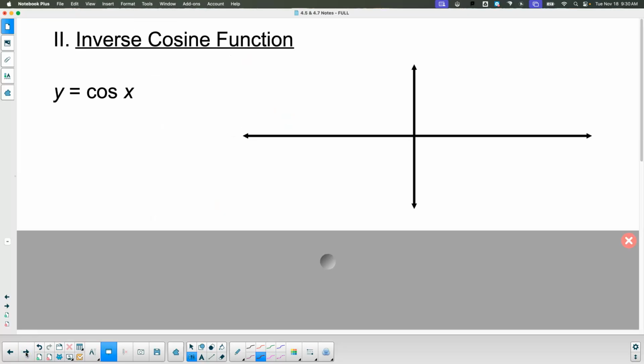Let's do the same for cosine. Okay? So cosine starts up.